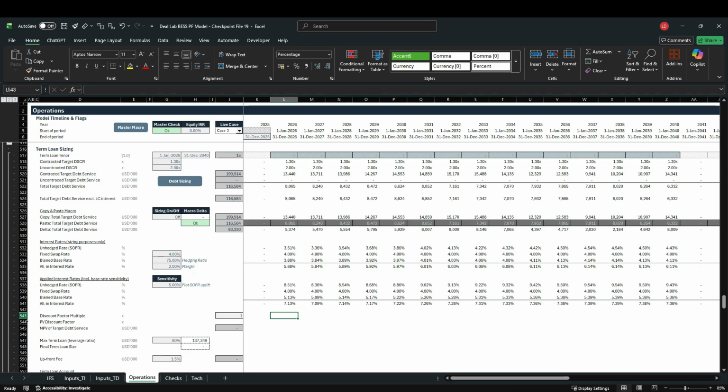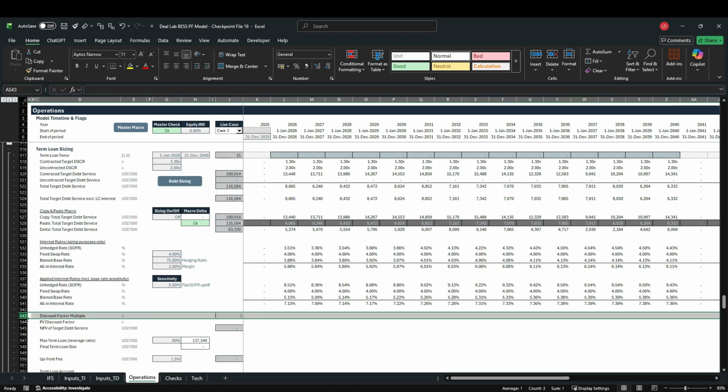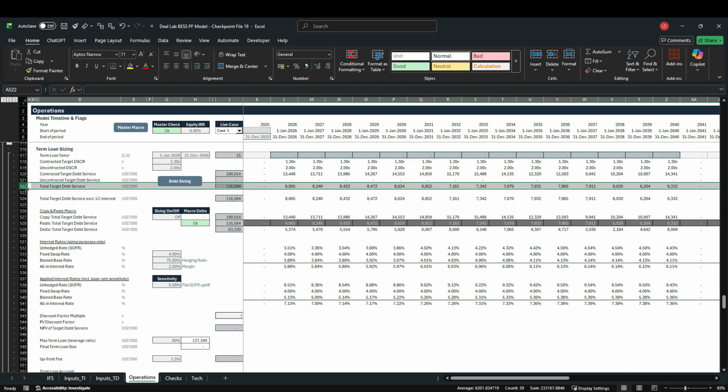And now comes a key concept for this lesson. We want to find the loan amount that can be supported by our target debt service schedule. Our target debt service schedule we have determined in our previous lesson in row 522. So we know our total target debt service in each respective period. And what we don't know is the split between principal and interest in each period.